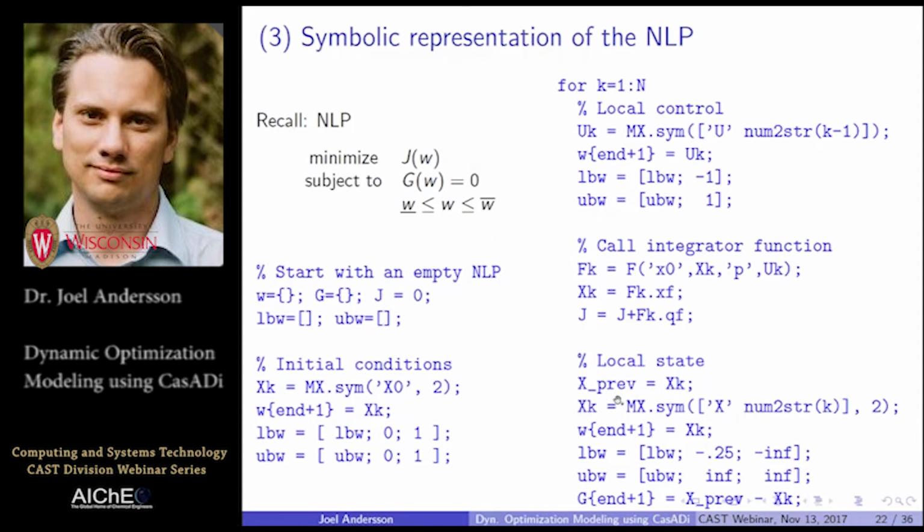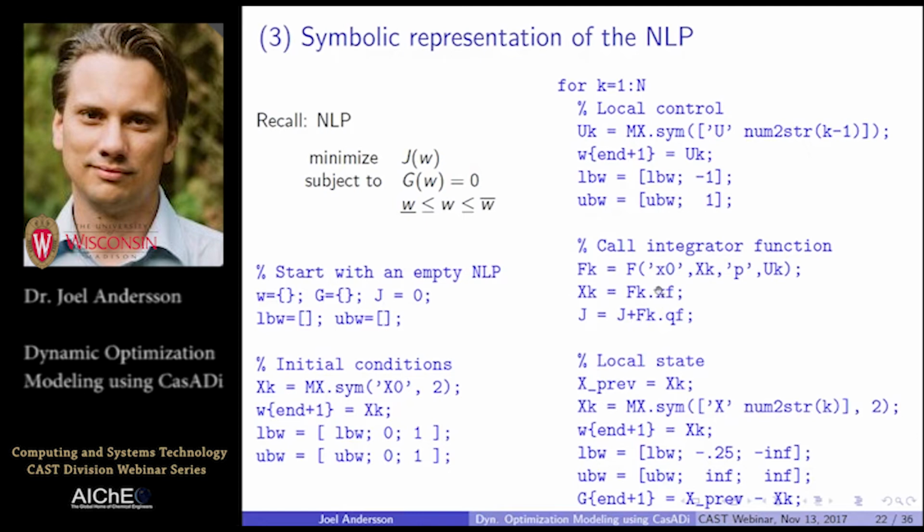Okay, so we have our discrete time dynamics, and then we simply build up new expressions for our NLP. And the way you typically do that is you start with an empty list of variables and constraints, and then you step by step just add them to our structures.